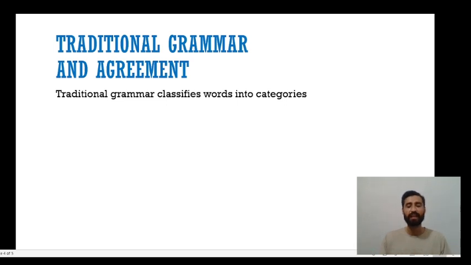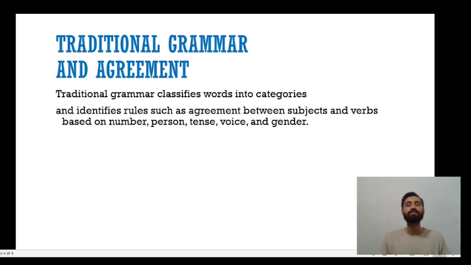Why are these categories important? Because they identify rules such as agreement between subject and verb. We simply call it subject-verb agreement. This agreement is based on number, person, tense, voice, or gender. These are the things on which this agreement is dependent.